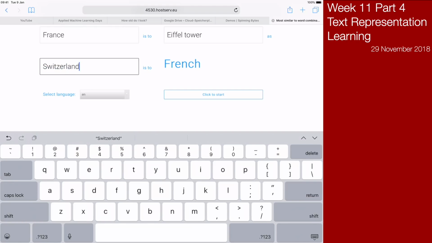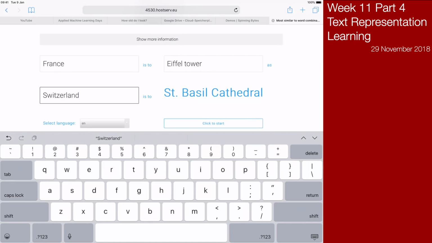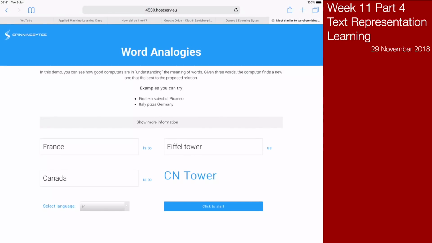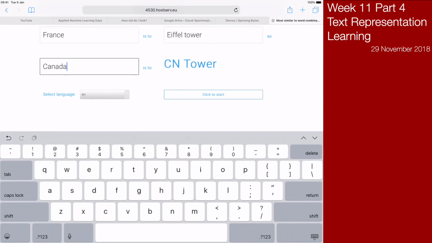Yeah, I'm slow typing. So this is pretty nice, right? Because this word system actually knows absolutely nothing about this. It works quite well for many things.